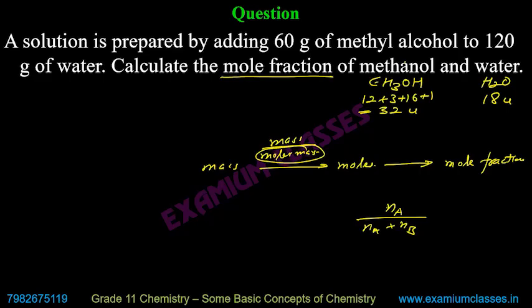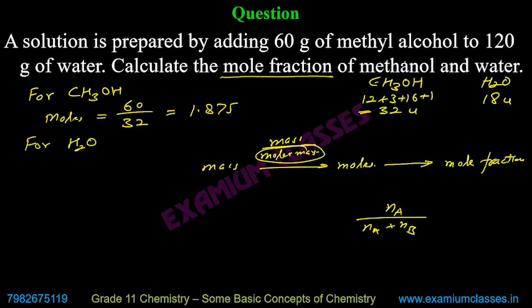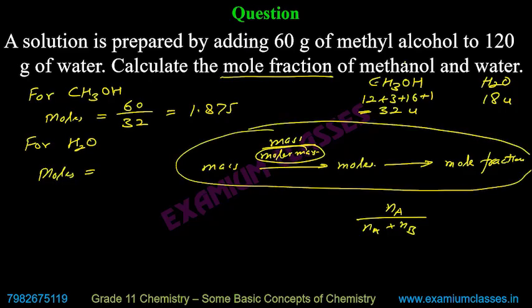It means for methyl alcohol, moles will be given by mass divided by molar mass. When you calculate, it will be 1.875. For H2O, remember I am following this approach now: from mass to moles, and then from moles I will get the mole fraction. Moles of water will be mass upon molar mass, that is 6.67.